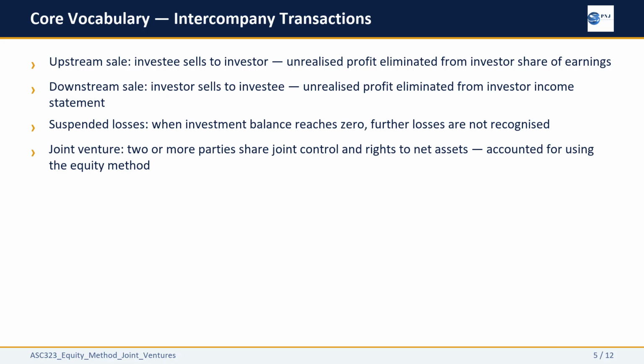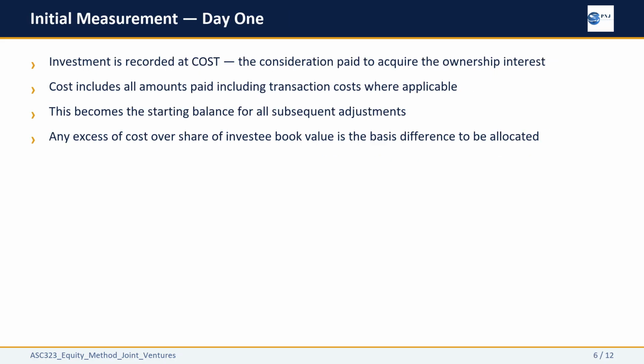If you sell goods to the investee, downstream, you eliminate the unrealized profit from your own income statement. Suspended losses apply when the investment balance hits zero. You stop recognizing losses at that point unless you have guaranteed the investee obligations or intend to provide further financial support.